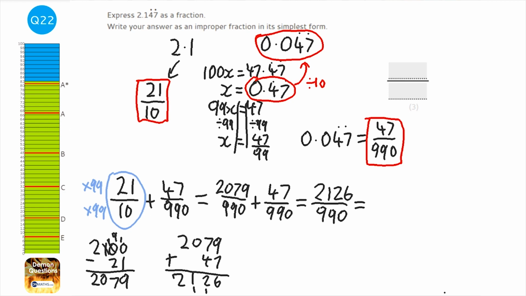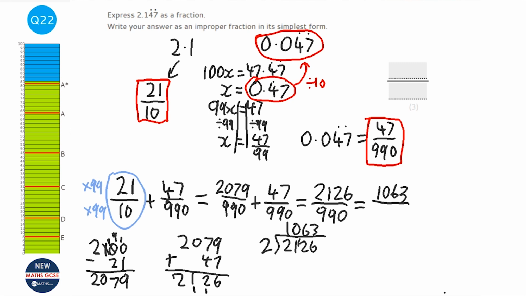Now it says in its simplest form. Now they're both even numbers, so I now can divide top and bottom by 2. So let's have a go at doing that. I can do it with the bus stop method, why not? 2's into 2 go 1, 2's into 1 don't go, 2's into 12 is 6, 2's into 6 are 3. So it's 1063.